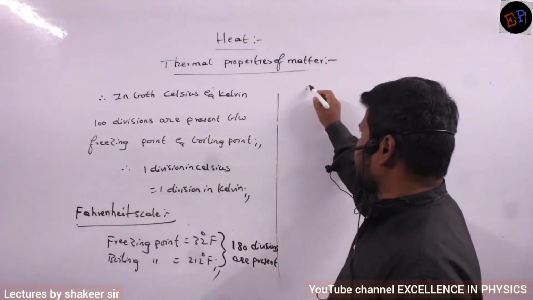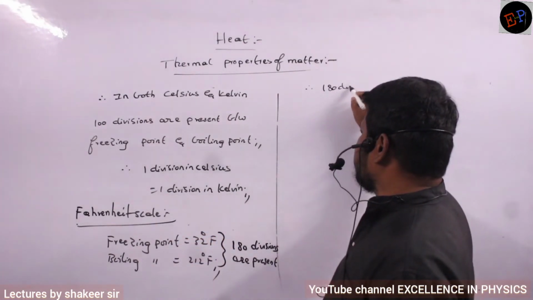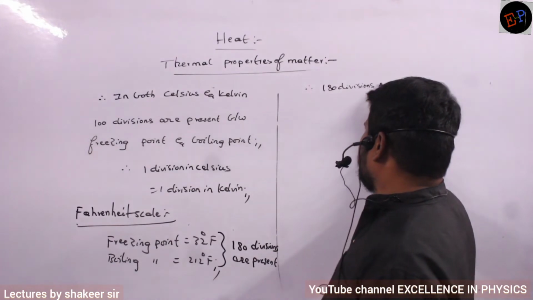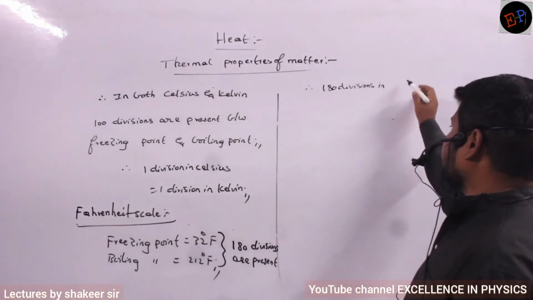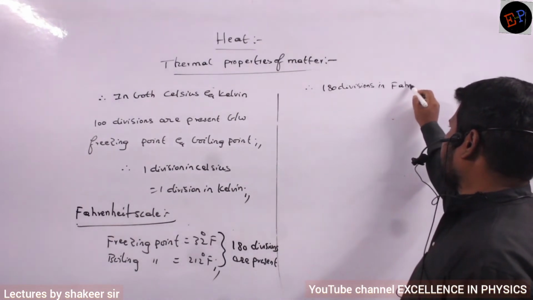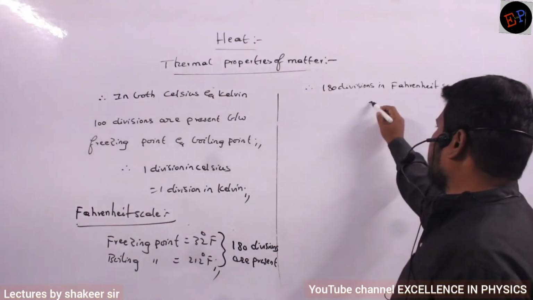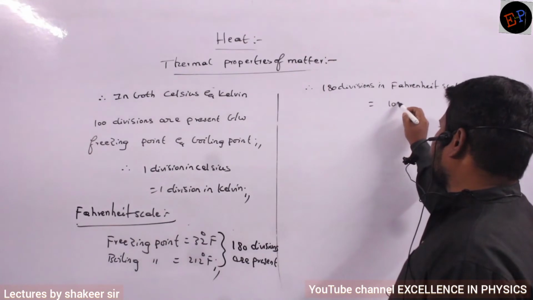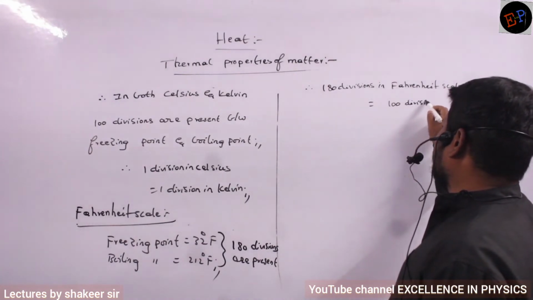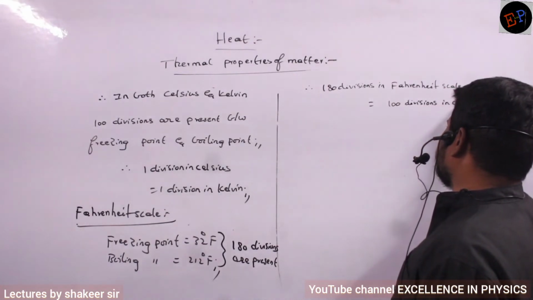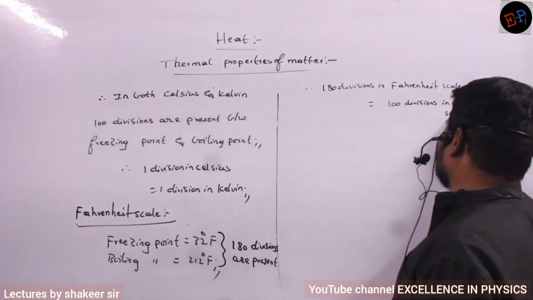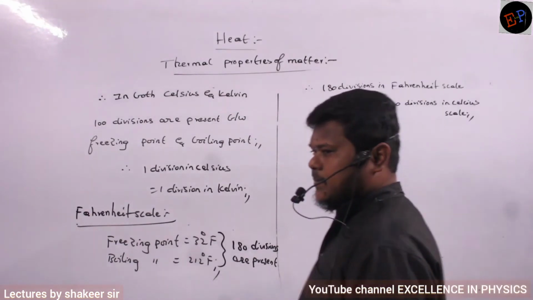Therefore, what I can write, therefore, 180 divisions in Fahrenheit scale is equal to 100 divisions in which scale? 100 divisions in Celsius scale. Follow carefully. Clear?